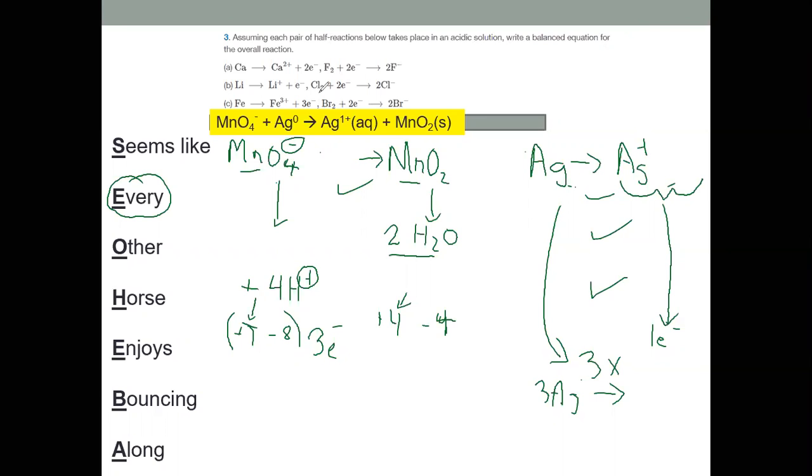So 3 silver going to 3 silver pluses plus 3 electrons will now balance the 3 electrons that we needed to add on this side, right? And again, we needed to add those 3 electrons to get the correct charge balance on permanganate, the MnO4-. We had to have 3 electrons there, okay? Now let's bring all of this down, okay? Add everything together.